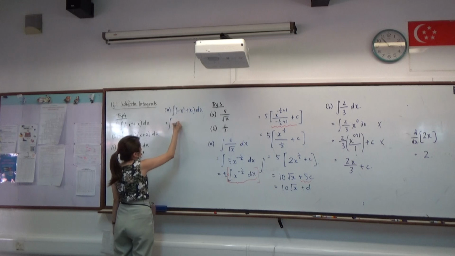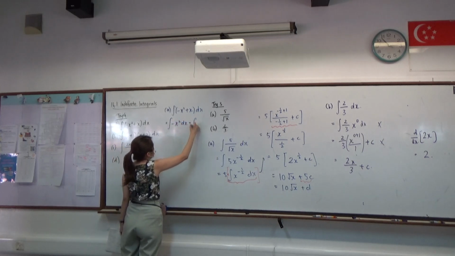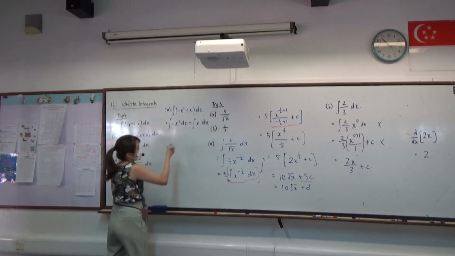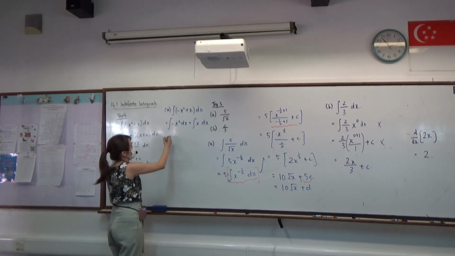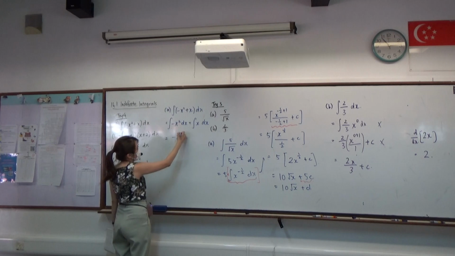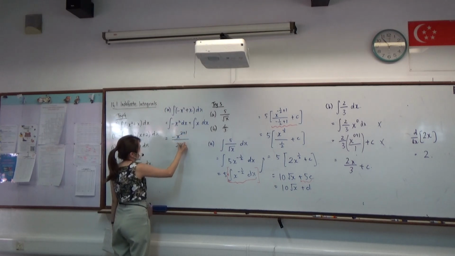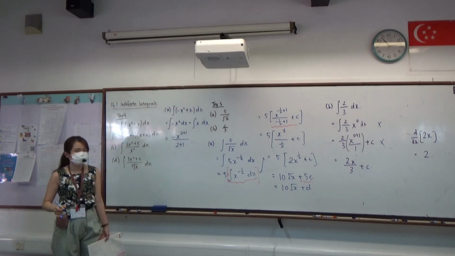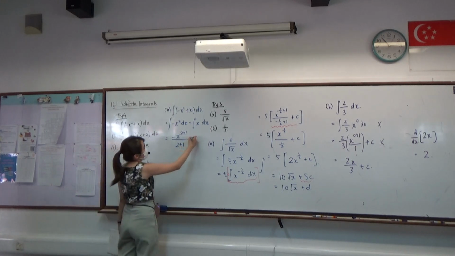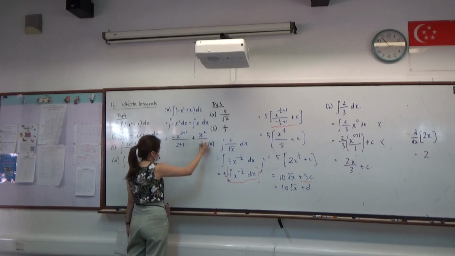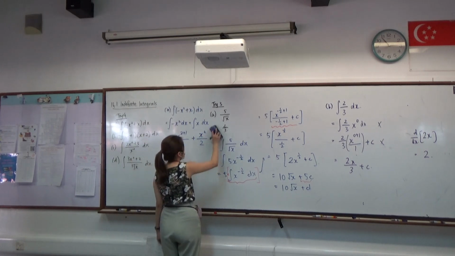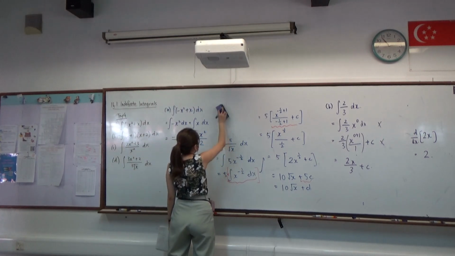So we are thinking about it in this manner. Our power rule then applies. So power plus 1, divide by that power after adding 1, followed by integration of x, which is x squared over 2.